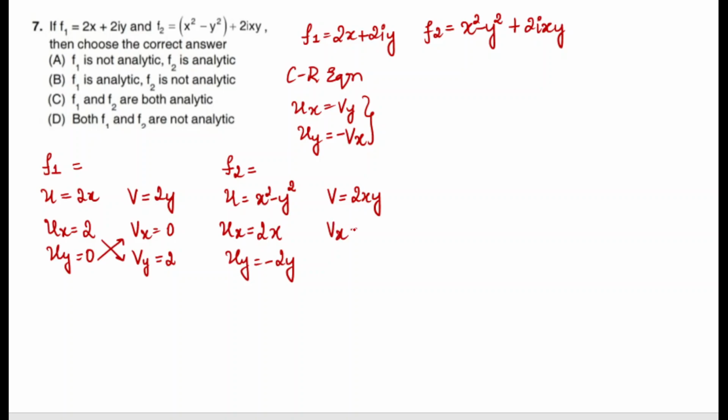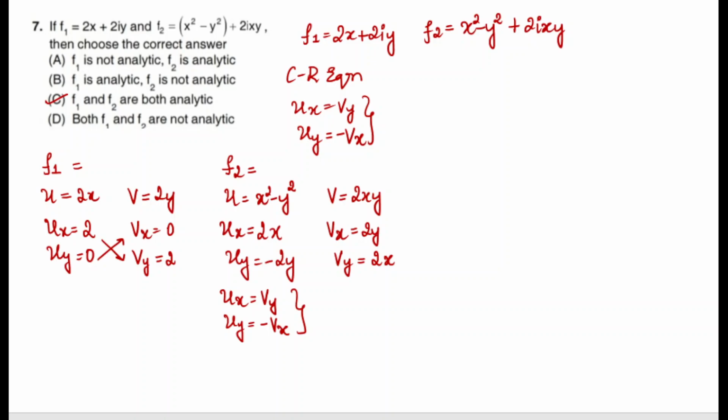Here vx equal to 2y and vy equal to 2x, right? Now ux we got to be equal to vy and uy we got to be equal to minus vx, right? Both are analytic. From the solution we got that both are analytic, so option C is the right option. That is, both f1 and f2 are analytic.